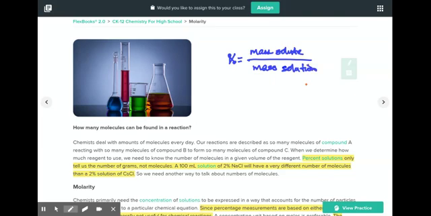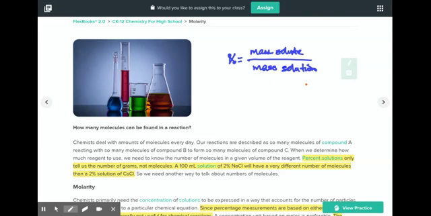However, we know that when we're doing a chemical reaction, you have to have a balanced chemical reaction. The balance is not balancing the mass, it's balancing the mole.